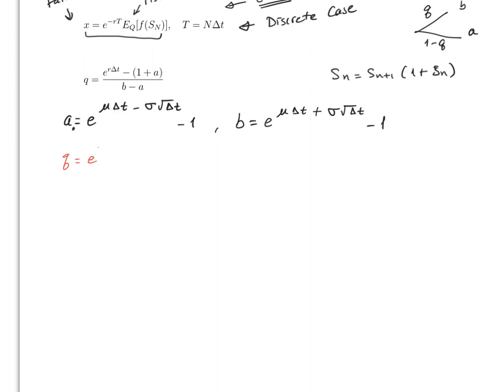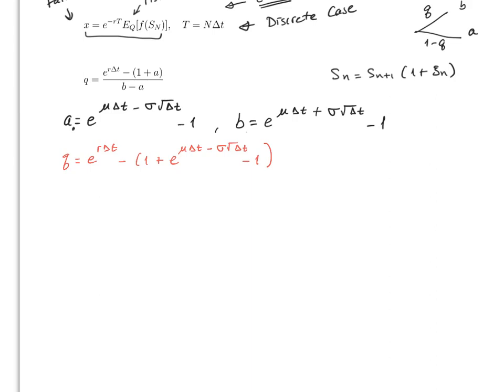This will be e to the r delta t minus 1 plus a, which will be e to the mu delta t minus sigma the square root of delta t minus 1, divided by b minus a.